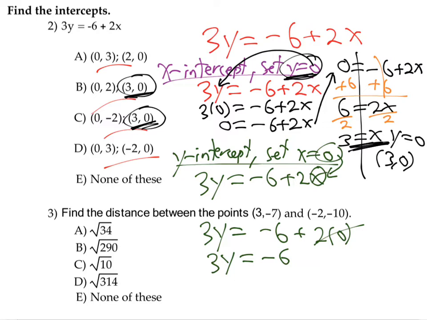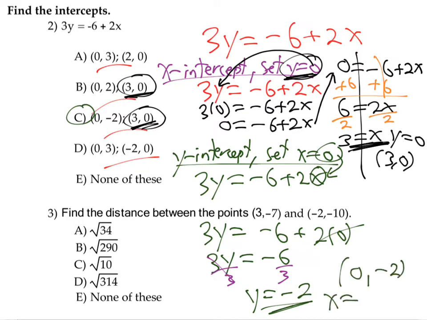Y is saying I want to be alone. Divide by 3. Y is minus 2. So that's y minus 2. It must be answer C, huh? Because that came from x 0. That's 0, minus 2.